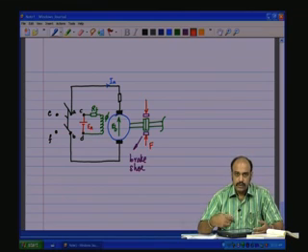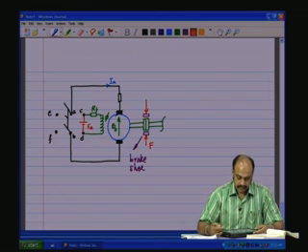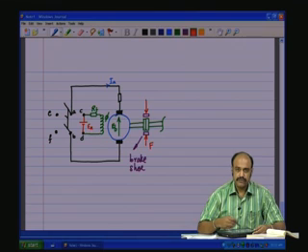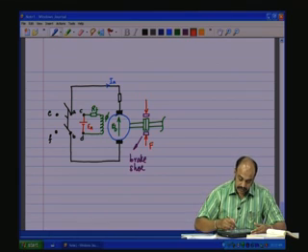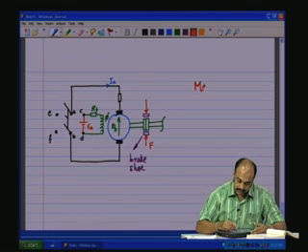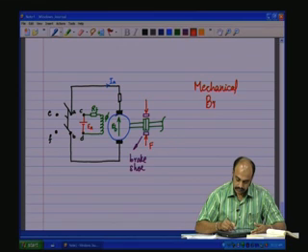So, therefore, you have the loss of the energy through the heat developed because of the mechanical resistance in the friction. Now, this is called mechanical braking.